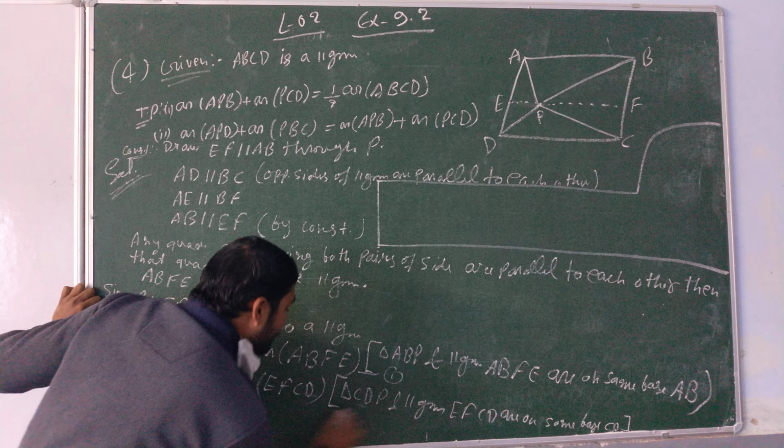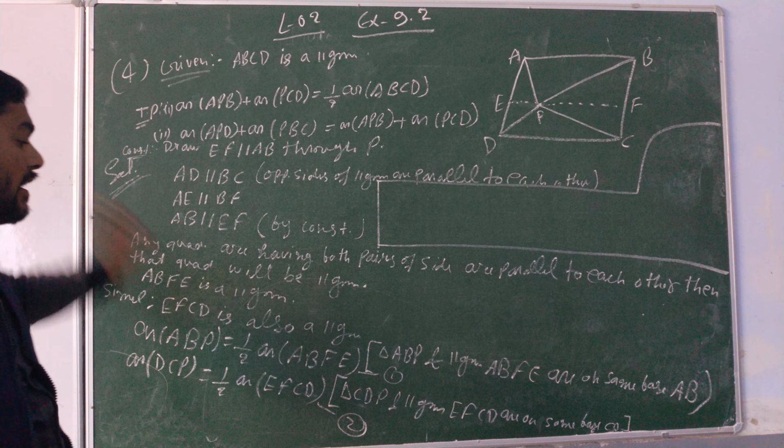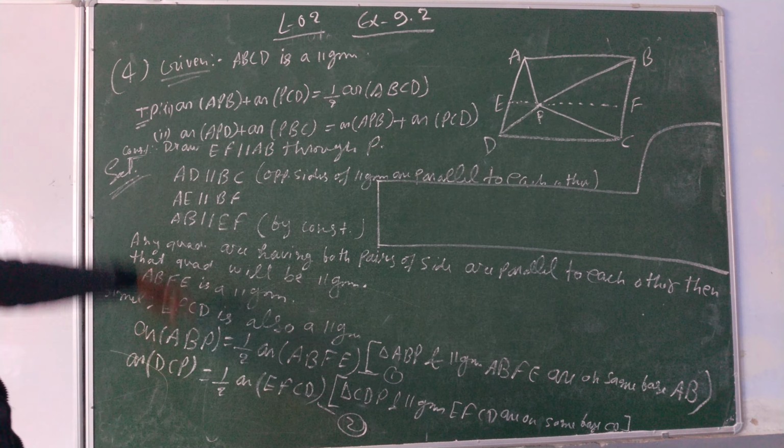Take this as the first condition and this is the second condition. Now we are going to add both conditions, first plus second, so the LHS will be added to the LHS and the RHS to the RHS.